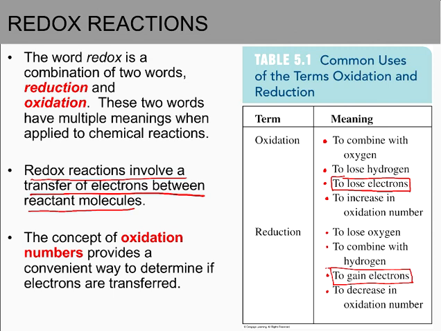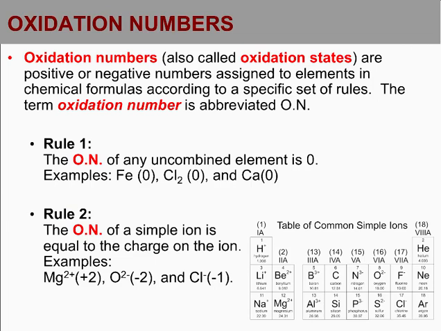Now, how can we tell if something is losing or gaining electrons if we don't have, for instance, ions? What if we have covalent compounds? So we're going to use what are called oxidation numbers, which will provide a convenient way to determine if electrons are transferred. So oxidation numbers, also called oxidation states, are positive or negative numbers assigned to elements in chemical formulas according to a specific set of rules.